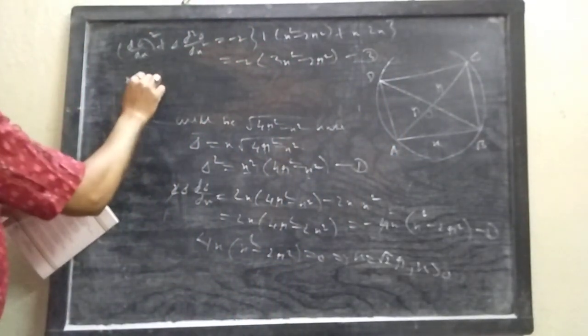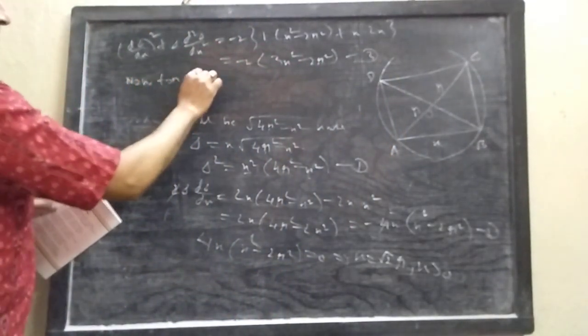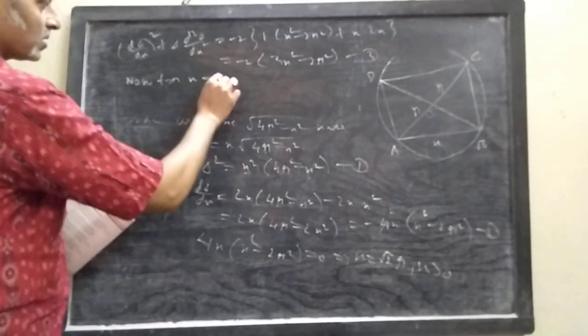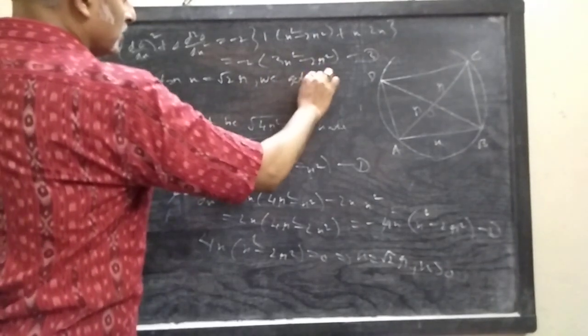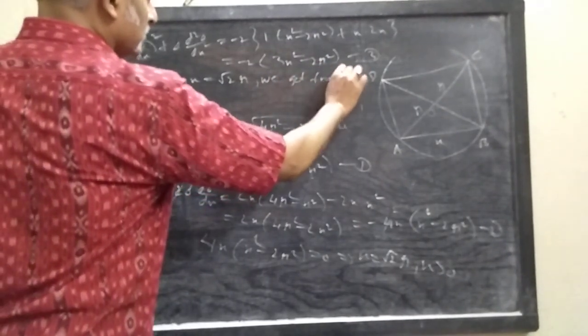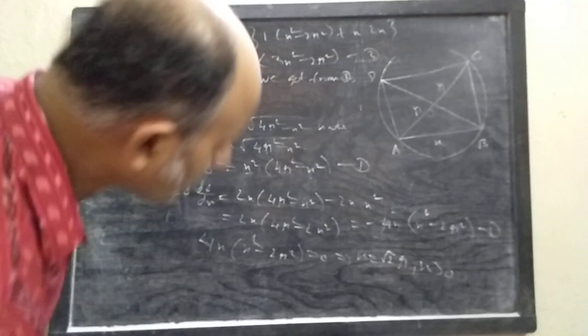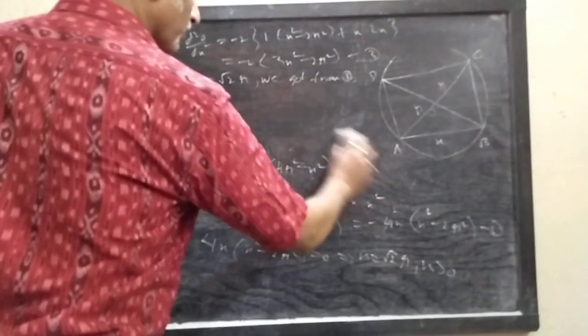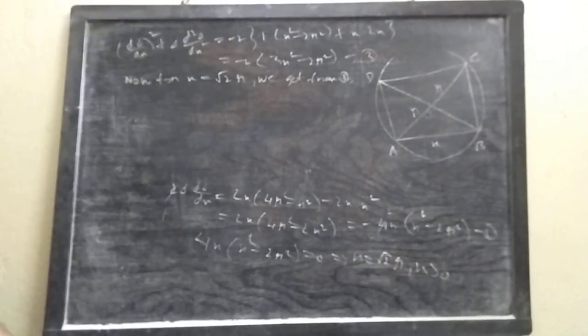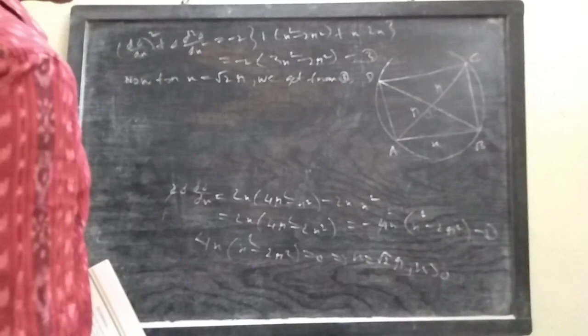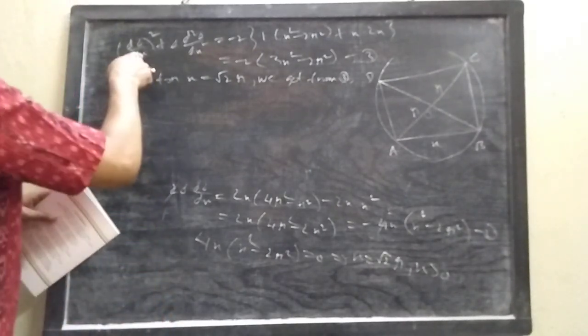Now for x equals root 2 R, we get from 3, this will be 0.